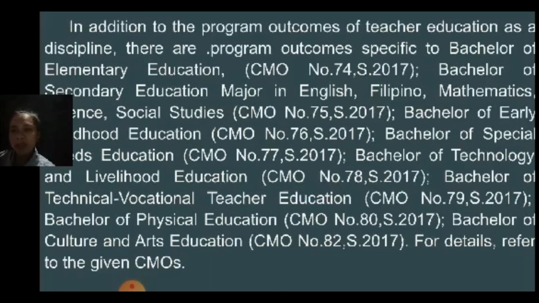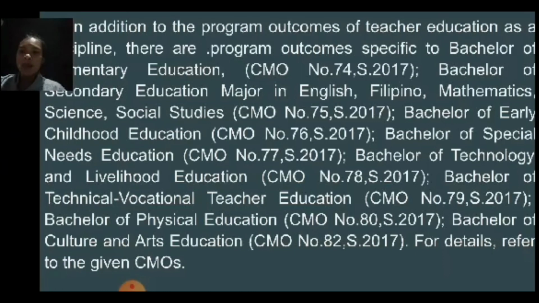So, in addition to the program outcomes of teacher education as a discipline, there are program outcomes specific to Bachelor of Elementary Education, CMO number 74 s. 2017. Bachelor of Secondary Education, major in English, Filipino, Mathematics, Science, Social Studies, CMO number 75 s. 2017. Bachelor of Early Childhood Education, CMO number 76 s. 2017. Bachelor of Special Needs Education, CMO number 77 s. 2017.